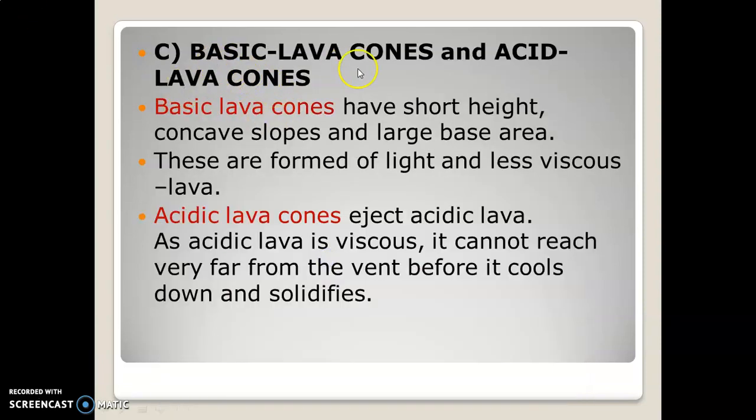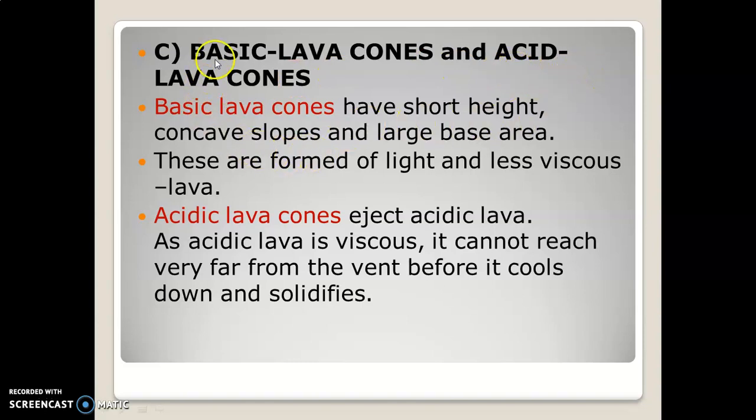Next is basic lava cone and acidic lava cone. Again, another landform will be formed due to the cooling down of magma in cone shape. But the material or content is different in both the cones. Basic lava means that silica content is very less here, and in acid lava cone silica content is more.